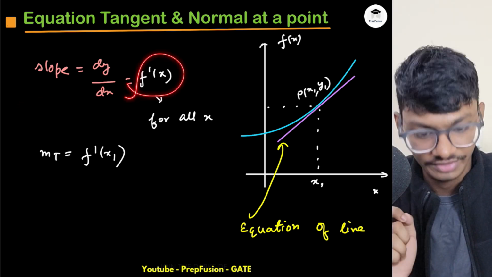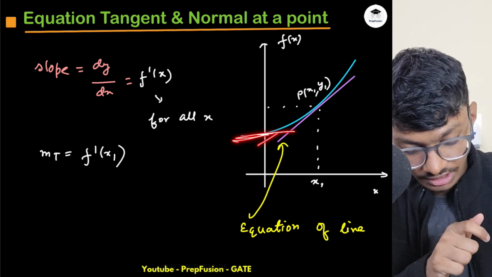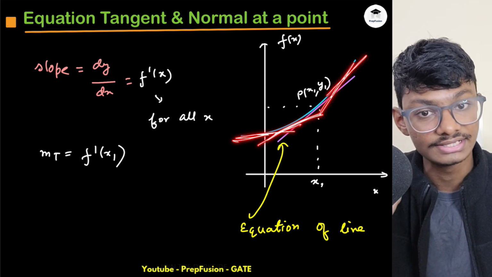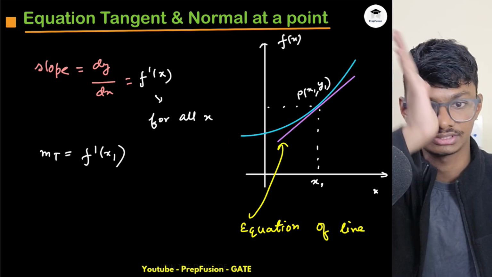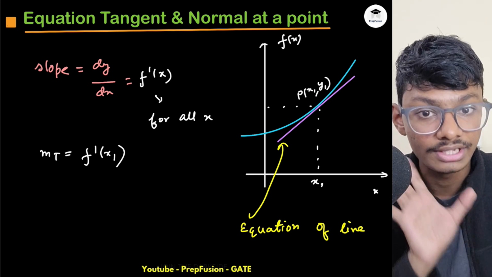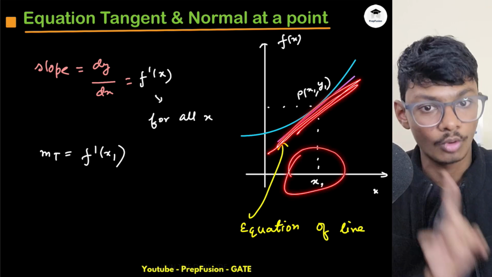Here this is a function of x, right? So here my slope is something else, so the equation of the line will be something else. Here the slope is something else and the equation of the line will also change. Slope is going like this, so the equation of the line is also changing. But what I am interested in is the equation of this particular line at this particular point.